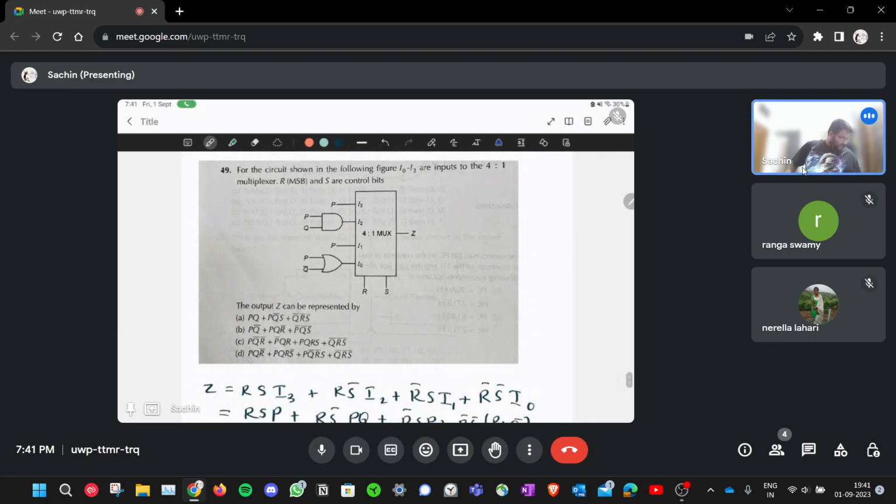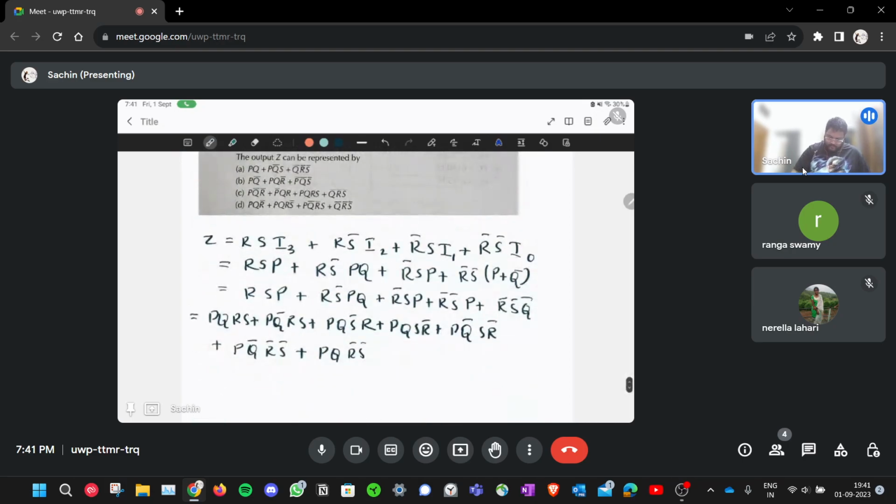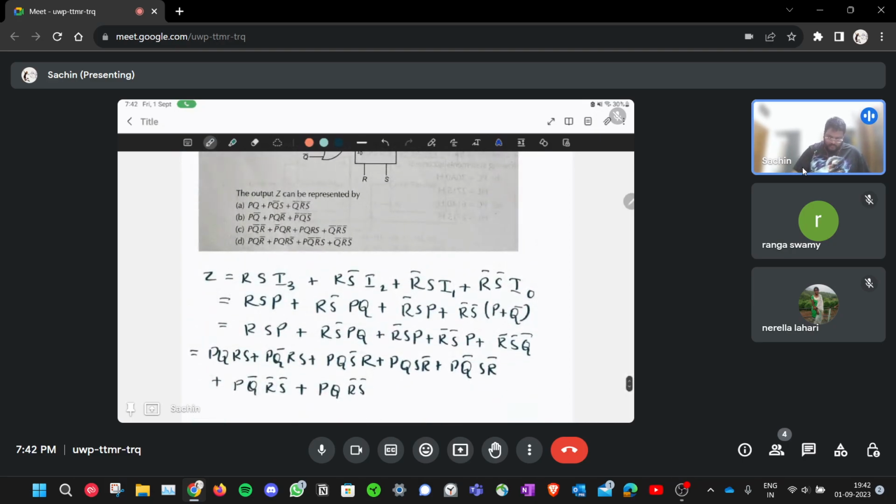Let's check. So you get PQRS plus PQ bar RS. Fine.